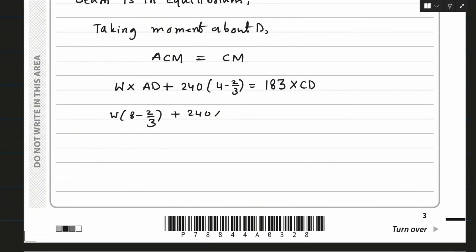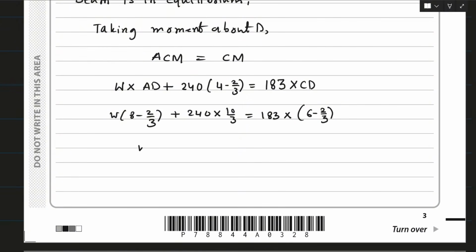Then we have 240 into 4 minus 2 by 3, which is 10 by 3. Simplifying this will give us the value of W. So we have 183 into CD. From the previous part, we know that CD is 6 minus X. We already know the value of X, which is 2 by 3. So this is 6 minus 2 by 3.